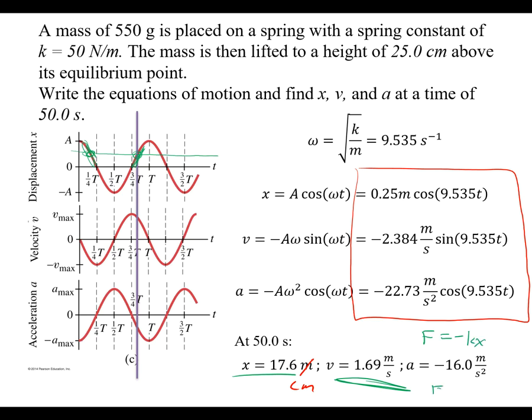But remember also that force is equal to mass times acceleration. So if you have a positive position, then you're going to have a negative force. And if you have a negative force, then you have to have a negative acceleration. It's a restoring force pushing it back towards the equilibrium point. So even though it's moving up, the force is trying to push it back down towards equilibrium.